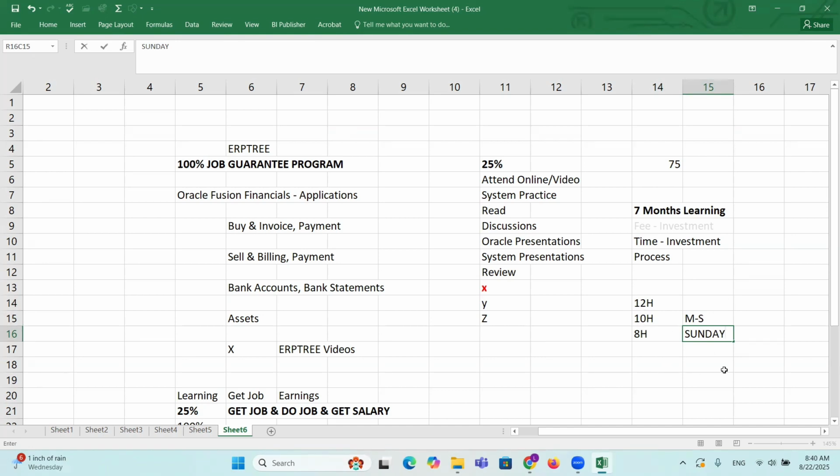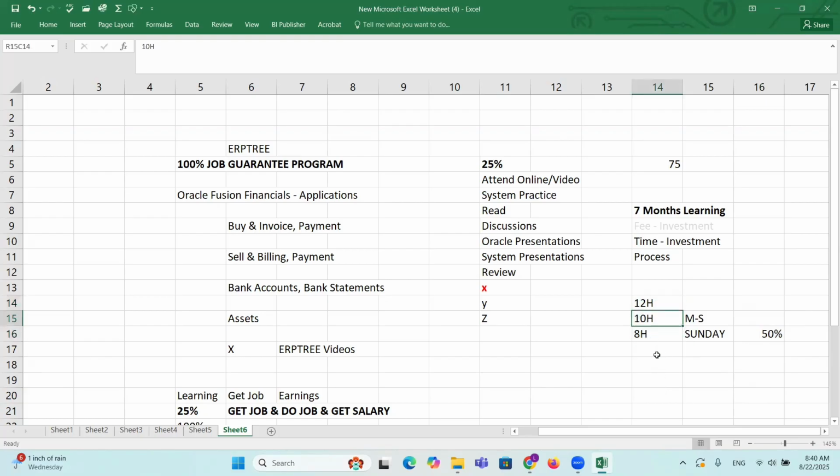I can see 50% in the entire program, 50% great people who are coming on Sundays also. That means there are 50% great people who are learning this program 7 days by following these different time frames.